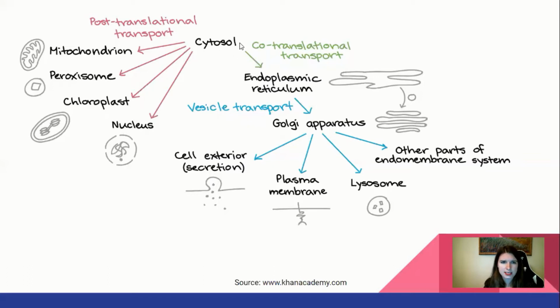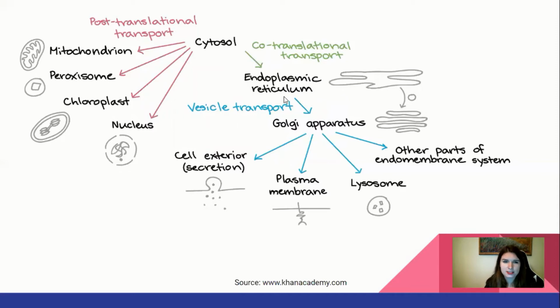But here we can see the path that we've just talked about that some of our proteins take. In this process called co-translational transport, proteins start to be made on ribosomes in the cytosol based on information in the DNA. Then they get shuttled to the endoplasmic reticulum, which has more ribosomes, so they continue to be made at the endoplasmic reticulum.